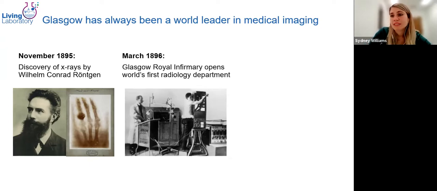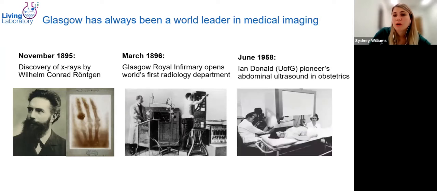And already just the year later in 1896, the first radiology department in the world was opened in the Glasgow Royal Infirmary. Another really big advancement in the field of medical imaging here in Glasgow was the discovery of ultrasound for use in obstetrics. So what we now commonly think is everyday practice in pregnancy, the scanning of a baby with ultrasound, happened with the University of Glasgow professor Ian Donald.